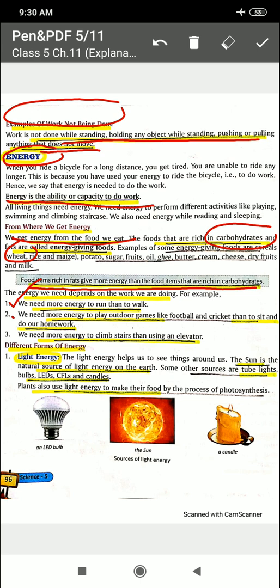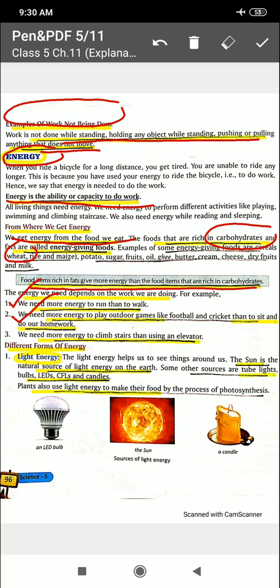Then second point, we need more energy to play outdoor games like football, cricket than to sit and do our homework. Or you can say we need more energy to play outdoor games as compared to indoor games.